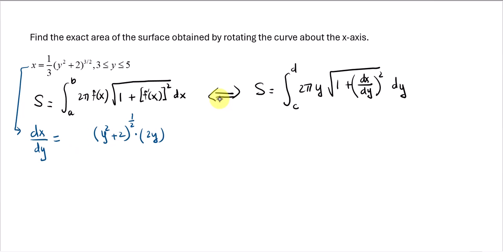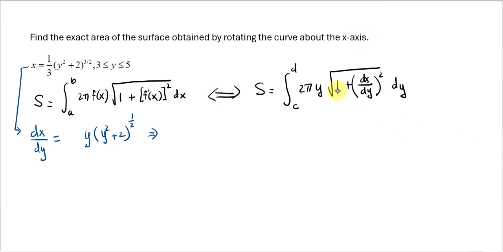Let me clean it and simplify everything here. As you can see, we can also cancel the 2 right here too. So I'm going to move the y to the front, and we simplify the expression. And then I still have to add 1 to it, like right here.